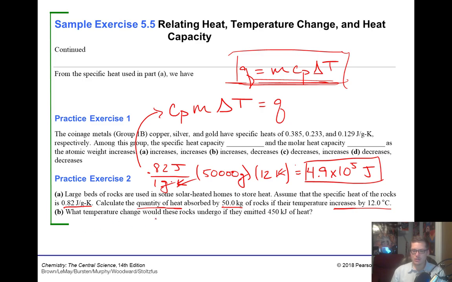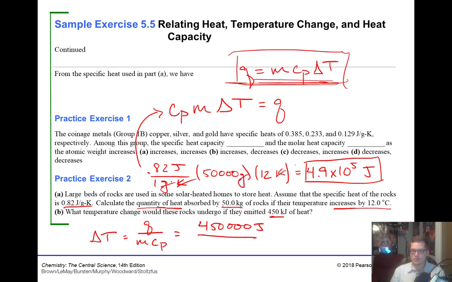What temperature change would these rocks undergo if they emitted 450 kilojoules of heat? We want temperature change, so that's our delta T. Let's rearrange this equation, solving for delta T. We'd divide Q by mass and heat capacity, so Q divided by mass times Cp. Our heat evolved was 450,000, and I need to convert it into joules because my heat capacity is in joules.